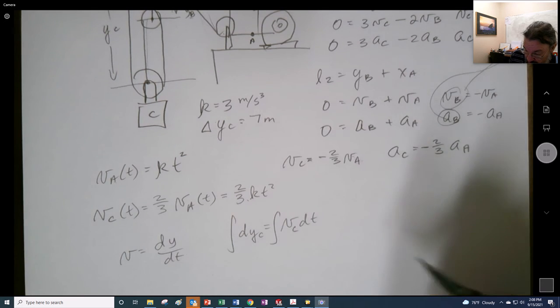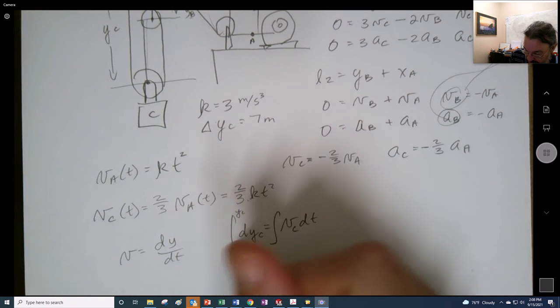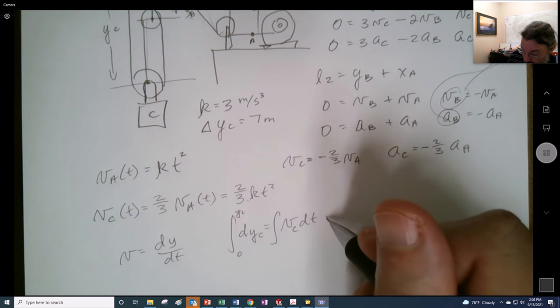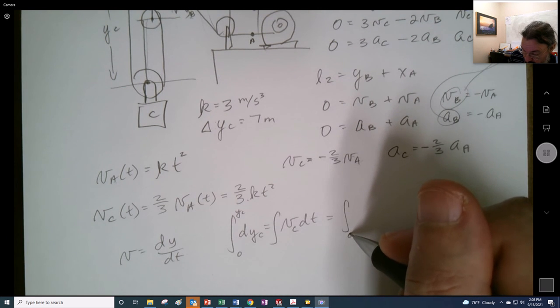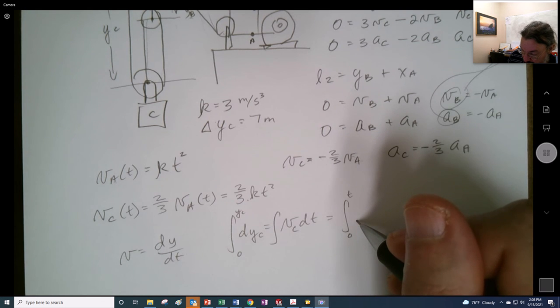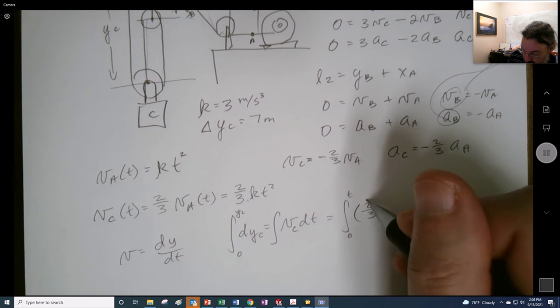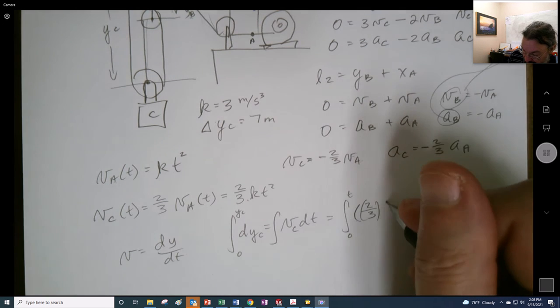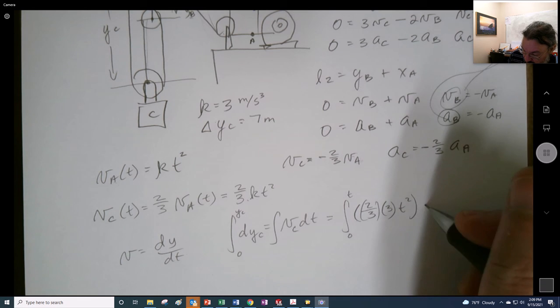It goes from 0 to yC, which is just delta y, the whole thing. And here we can go from 0 to some time and put this function back in: 2/3 times k, which is 3 for me, times t squared dt.